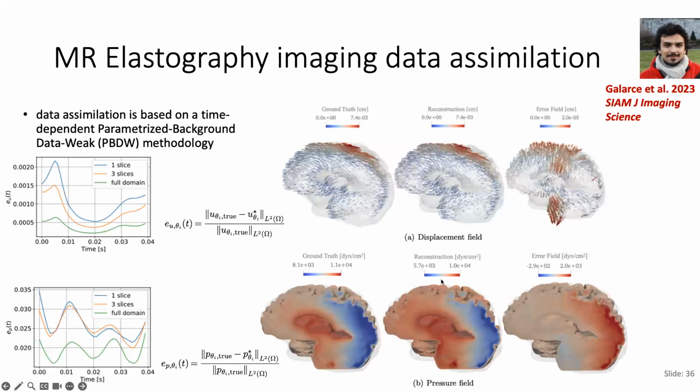And over here, I'm trying to demonstrate the reconstruction error, which we had to quantify once we validated our model, and we computed the reconstruction error only on the displacement field, which is exactly what the MRE device can acquire, and also the pressure field, which is another indicator which we have claimed can be used as a biomarker of pathology.